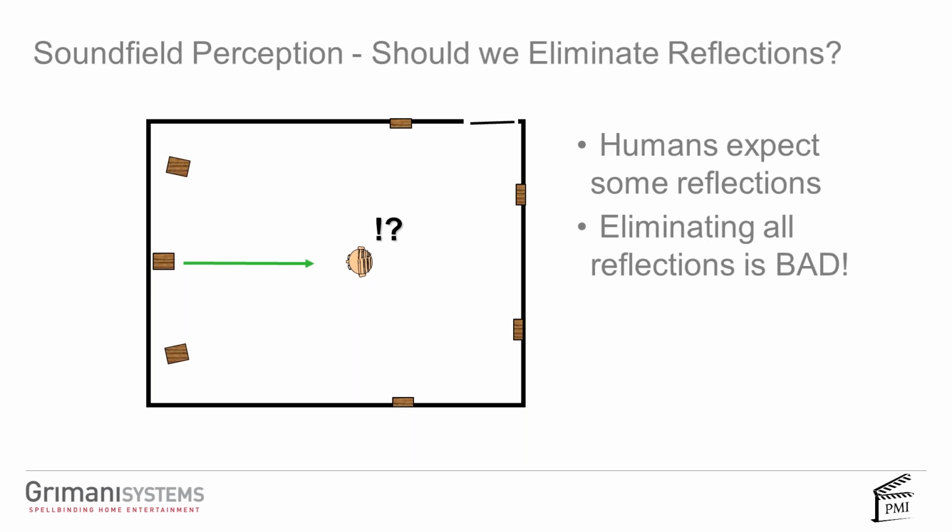So everybody seems to know that dead is bad, right? And why is dead bad? Dead is bad because humans have come to expect a certain amount of reflection from when you're just a very small child.